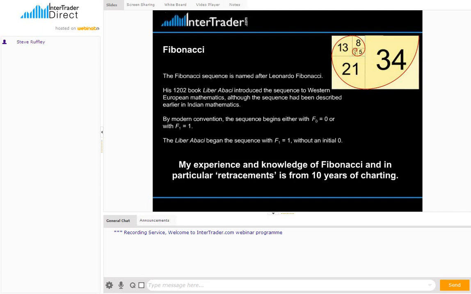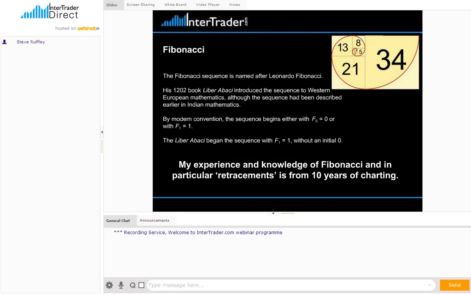It's been described in Indian mathematics, and then there's a Chinese philosopher that did something with Fibonacci, and essentially, it's one of these things. It's about retracements. It's about numbers. It's the reason why your forearm is the same size as your foot. If you put your foot against your forearm, they're the same size.